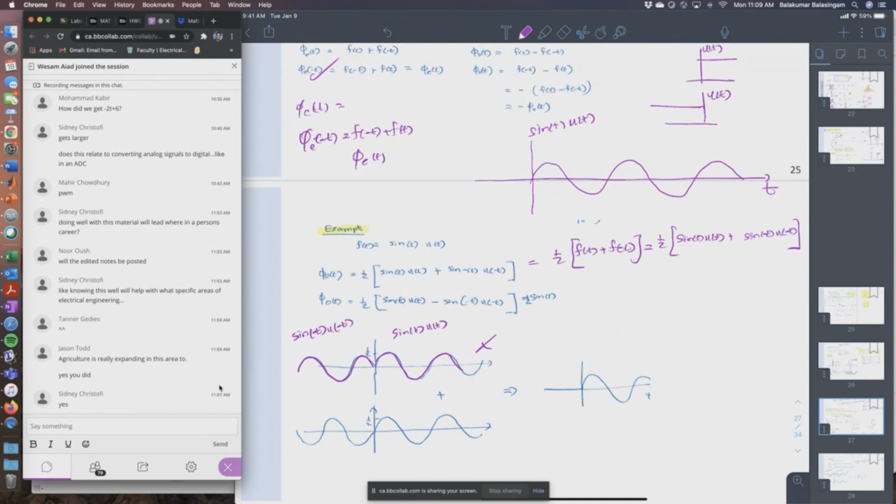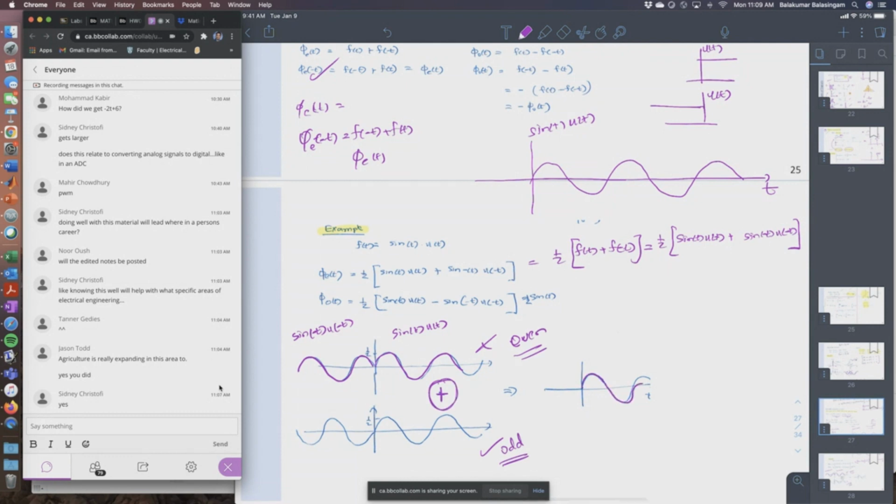When we look at it, we know that it's symmetric, and the values are the same for the negative values of time. In the same way, the even part of the signal is here. Sorry, that's the even part of the signal, the first one, and this is the odd part of the signal. When you add these together, that's a big plus sign there.